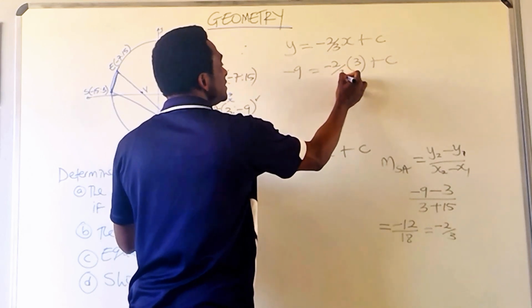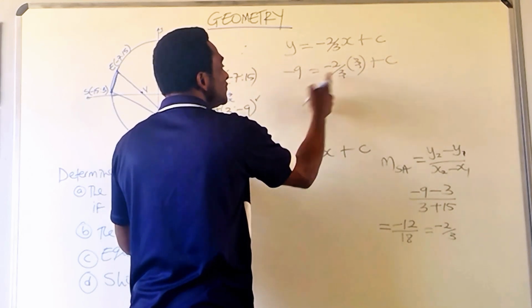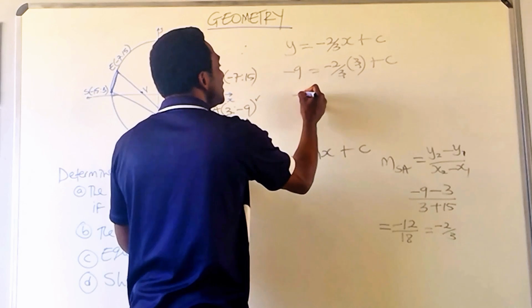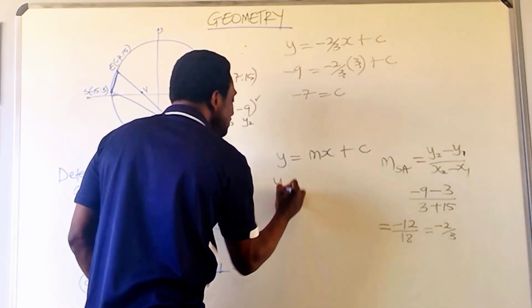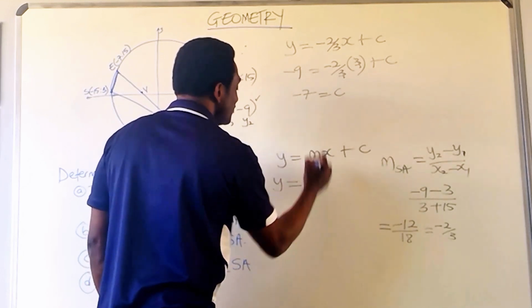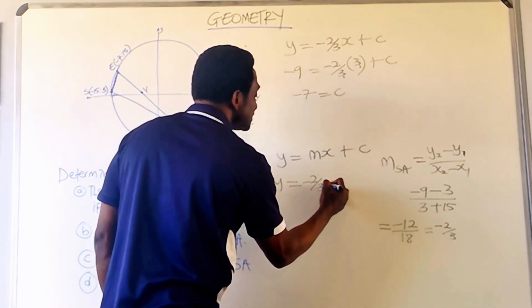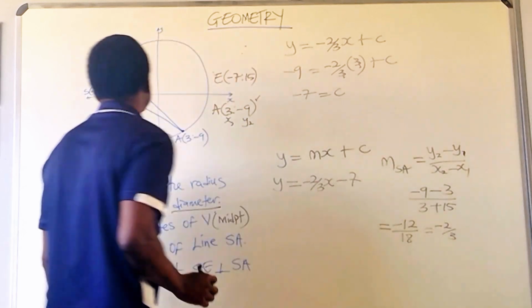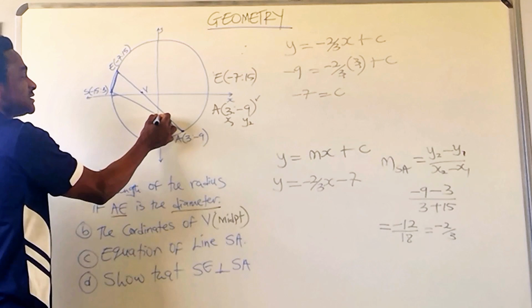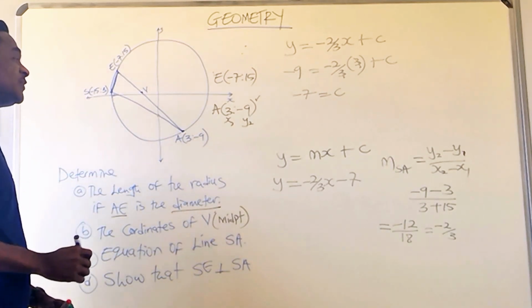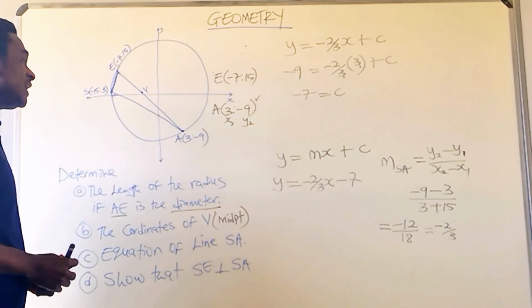That will give us our c. This will cancel like this. Negative 9 plus 2 gives me negative 7. So c is negative 7. So the equation of SA is negative 2 over 3x minus 7. If we look at it, it's a negative graph, and the y-intercept will be on the negative part. So that is the equation.